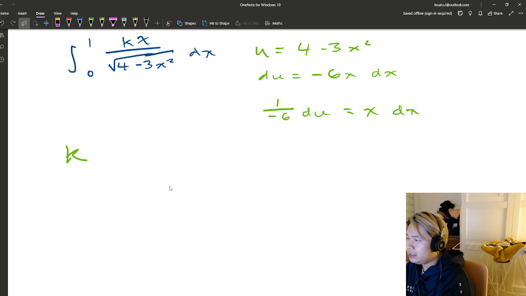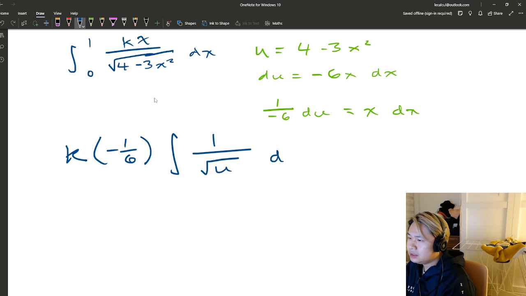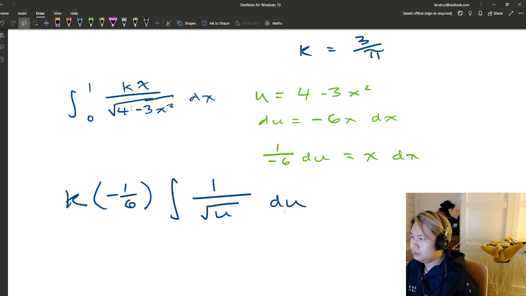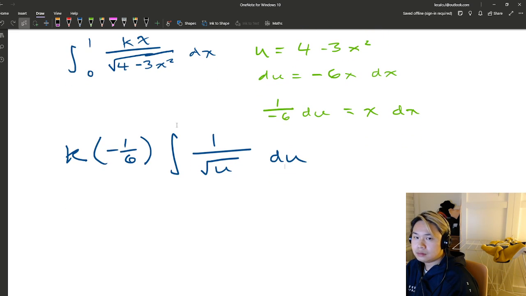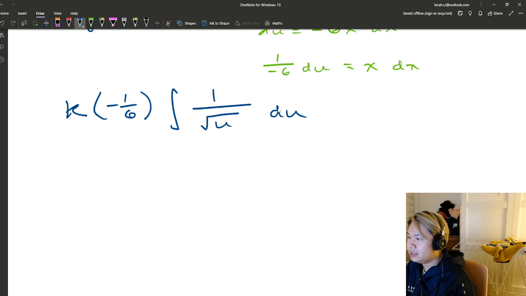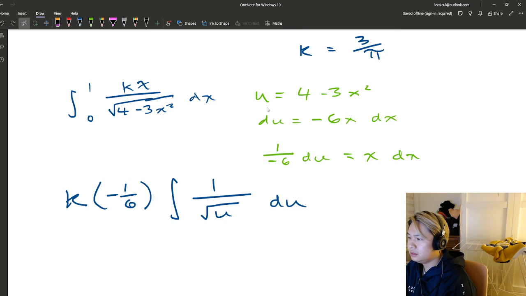We can pull out k, and then we can pull out the negative 1 over 6 from my u substitution. And what I'm left with is 1 over the square root of u du. Okay. And then this is from 0 to 1, right?